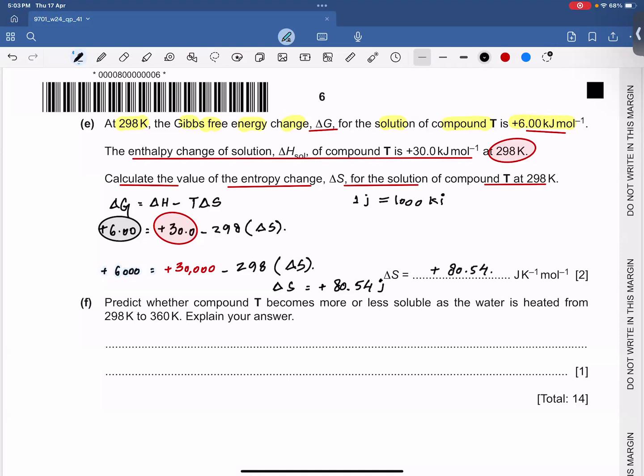One more thing, these values are given in kilojoules, but delta S has to be in joules. So we need to convert kilojoules into joules.